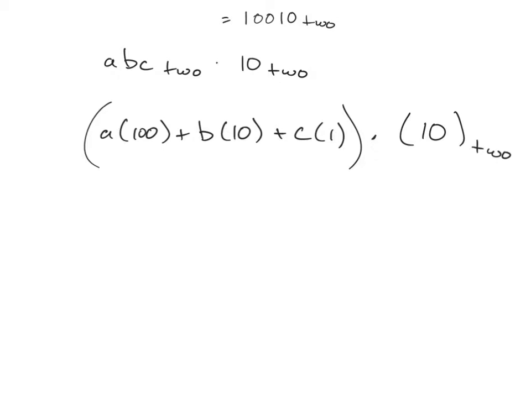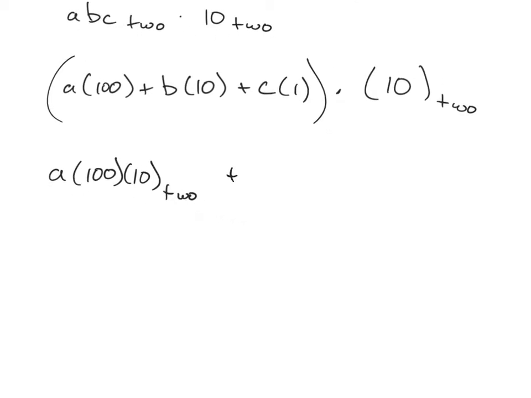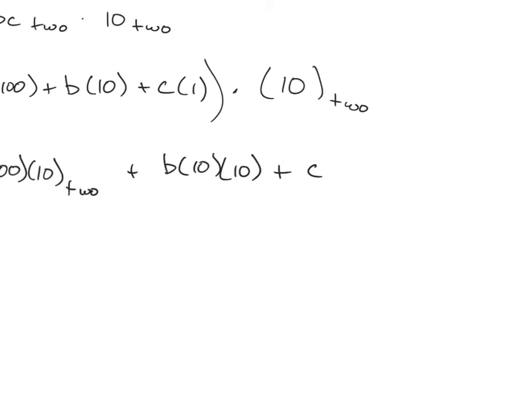All right, so we're going to distribute. I'm going to leave it this way. So distribute this one to here, this one to here, and this one to here, and let's see what we get. We get A times 100 times 10 base 2 plus B times 10 times 10 plus C times 1 times 10.